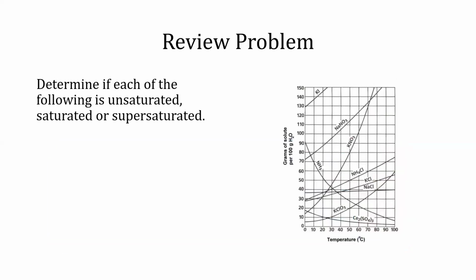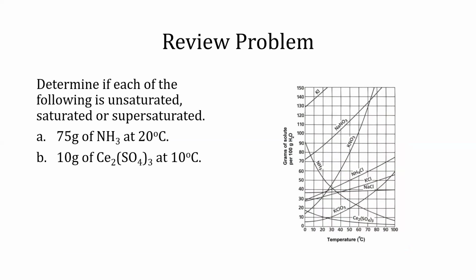This is a review problem in relationship to this lecture on solubility. Determine if each of the following is unsaturated, saturated, or supersaturated. A, 75 grams of NH3 at 20 degrees Celsius.